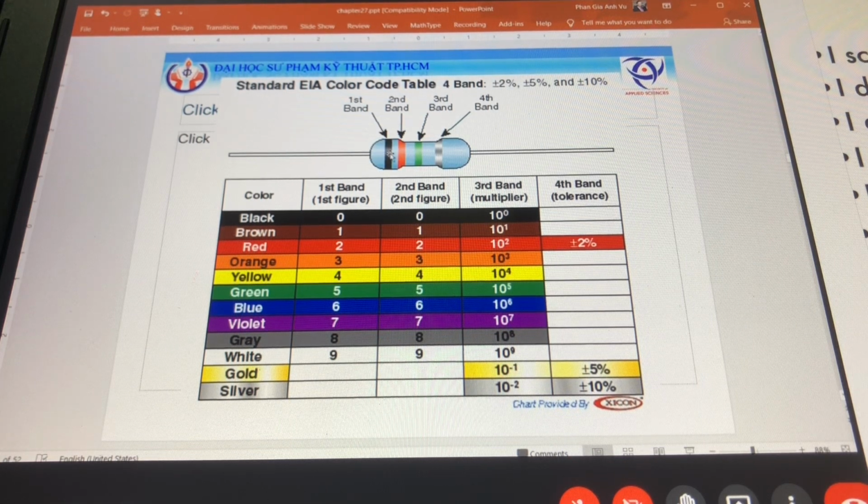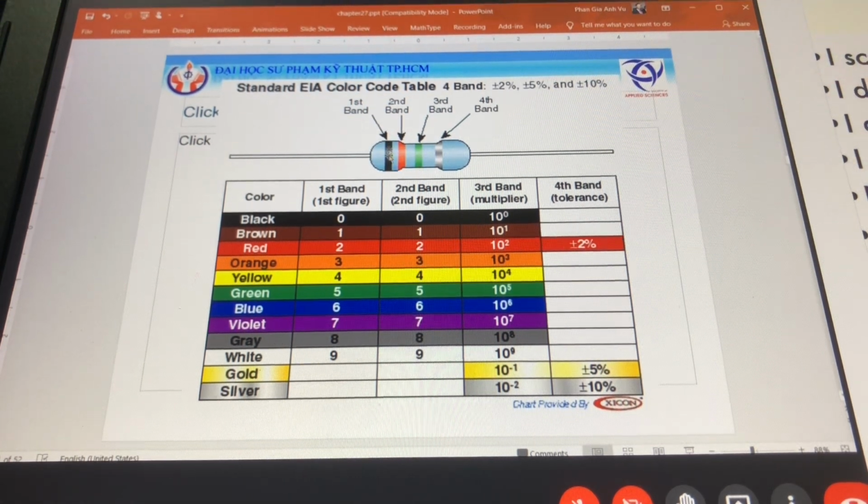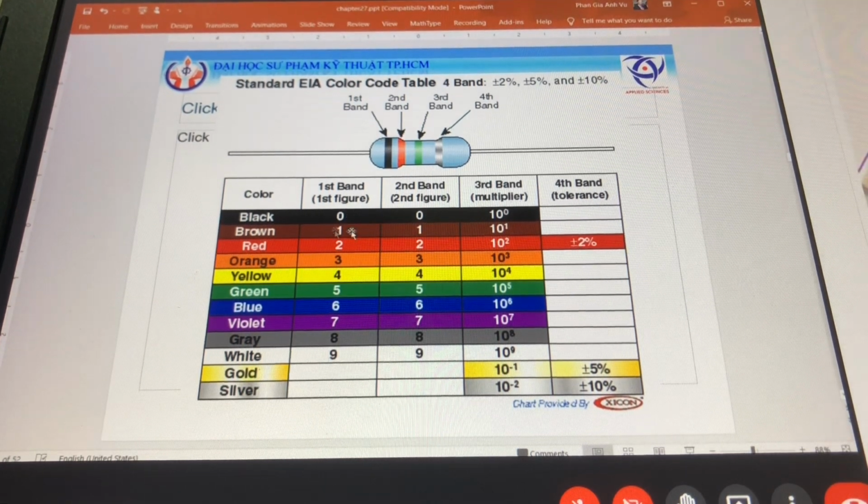Okay, when you study electronics, you have to read the value of a resistor, or the resistance, by using the color rings here, right? We have the rule for that. For example, when you see a black or red or green color here, look back at this table and find, for example, black is 0, brown is 1, and so on.